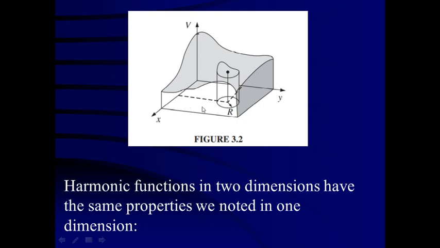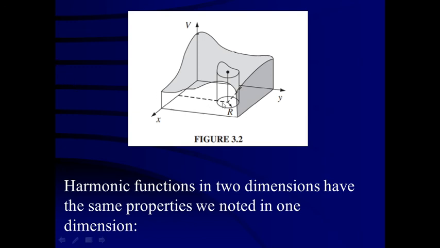Hence this is a surface, the xy plane. From any point you can consider the height. That height is going to be different because you have tightly glued a rubber membrane over there. So at different points the height is different. That height you can consider as a function V. So V is a function of the xy coordinates at different points.